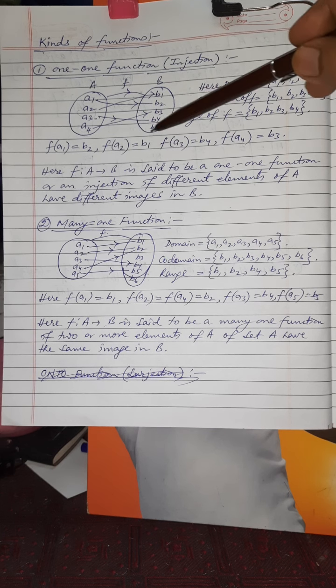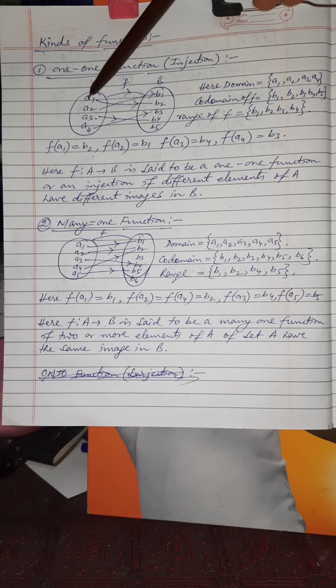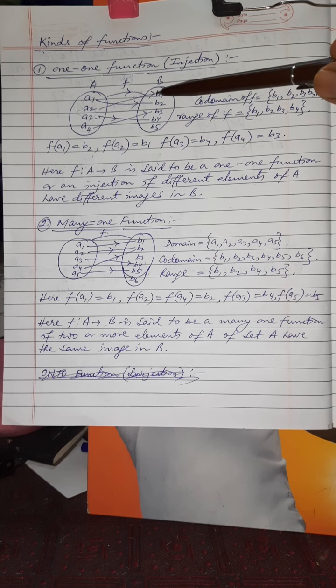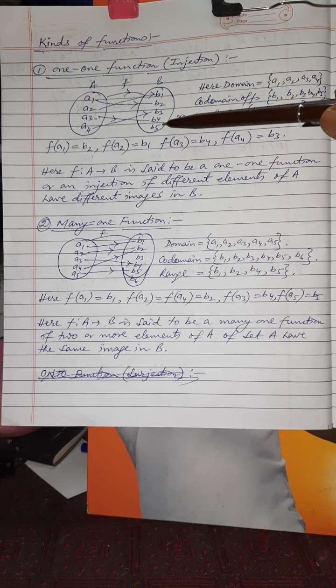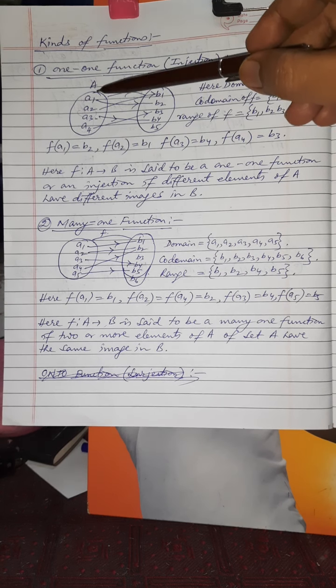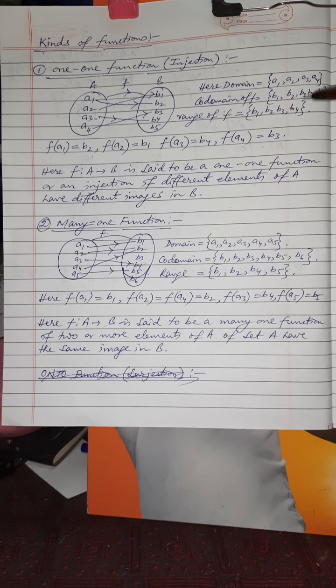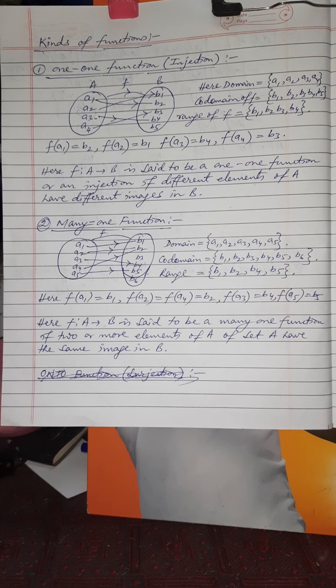For example, f(a1) = b2, so taking b2, b1, b3, b4, all of which are the f images of a1, a2, a3, a4, the set we get is called the range.